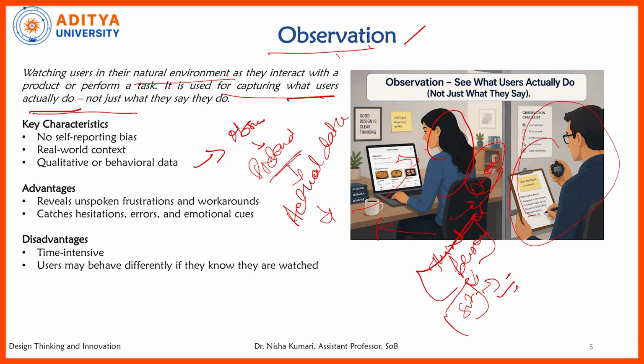Once the user gets to know that you are observing them, their behavior will altogether change. If we hide that it is our purpose to observe, and we are simply doing our work, they will behave in their own way.